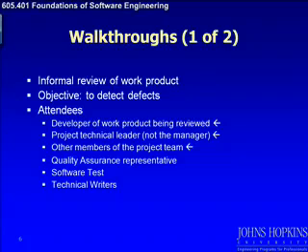The walkthrough is a form of review where you have a bunch of people coming in to a meeting. Right? The objective, obviously, is to find defects. But it's an informal review of the work product. Rather than sending the work product out to your peers and having them review the work product on their own, you bring them in together. The benefit of having them in a meeting in the same room is that when one person spots something, they bring that up, and it enables the other attendees to see that and sort of play off of that idea.